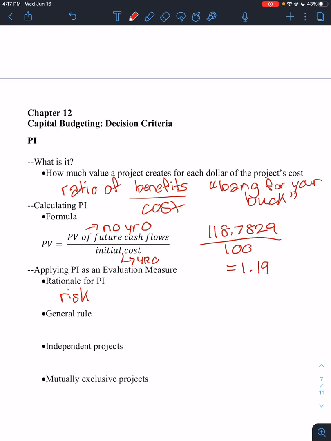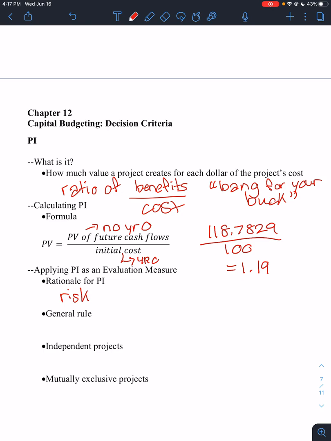The way I always think about it in my head is that I think about a cushion, right? And how much cushion do I have before I get into trouble, basically. So I think of sitting on a bare wooden chair versus a wooden chair with a big pillow on it, right? Well, the higher the profitability index, the bigger that pillow is, right?